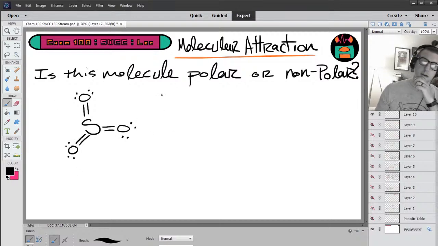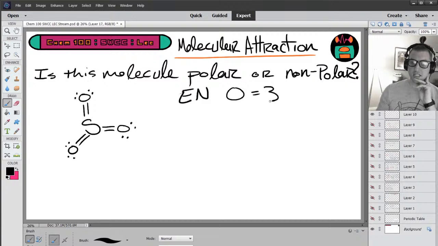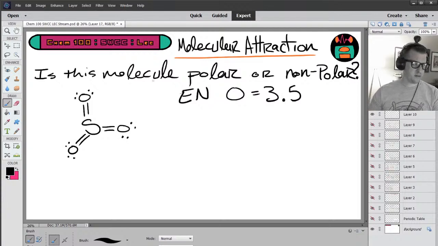All right, so here are our electronegativity numbers. Oxygen's electronegativity is 3.5.